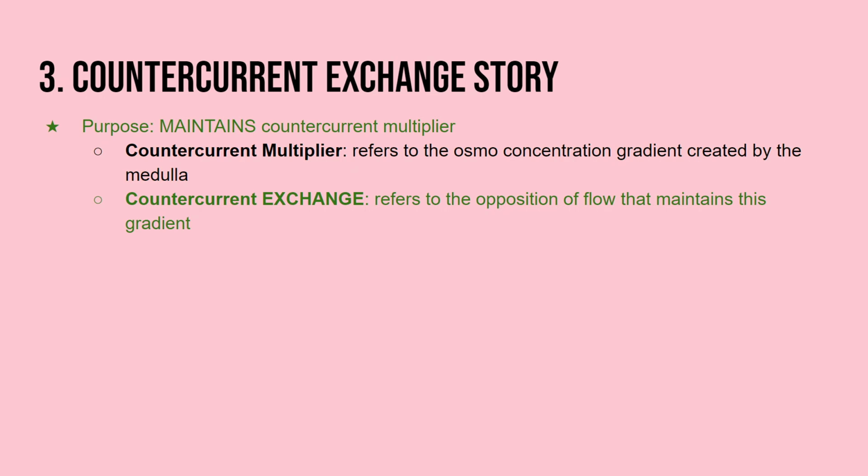Countercurrent refers to the opposition of flow, so the blood in the vasa recta is flowing in the opposite direction. And this is important in maintaining that concentration gradient that we made through these mechanisms.